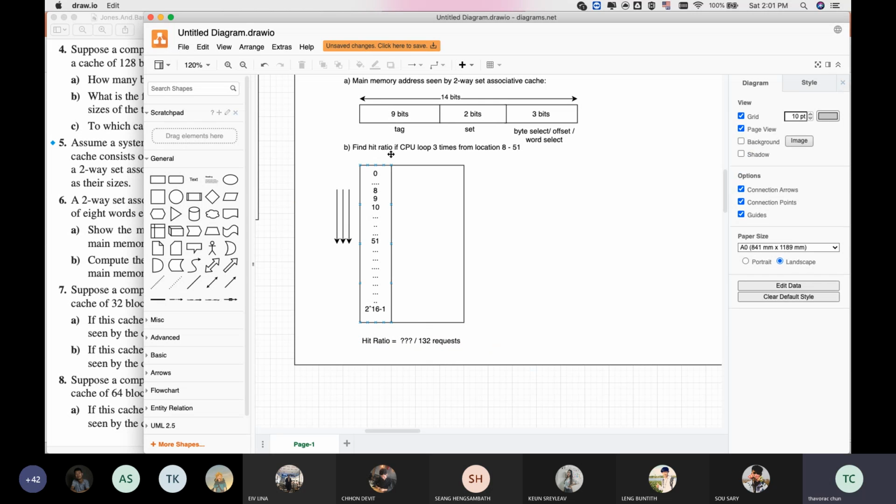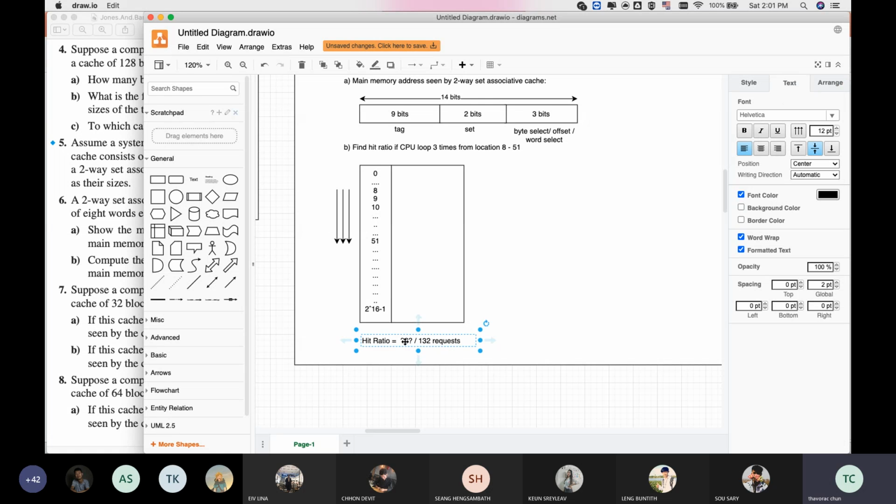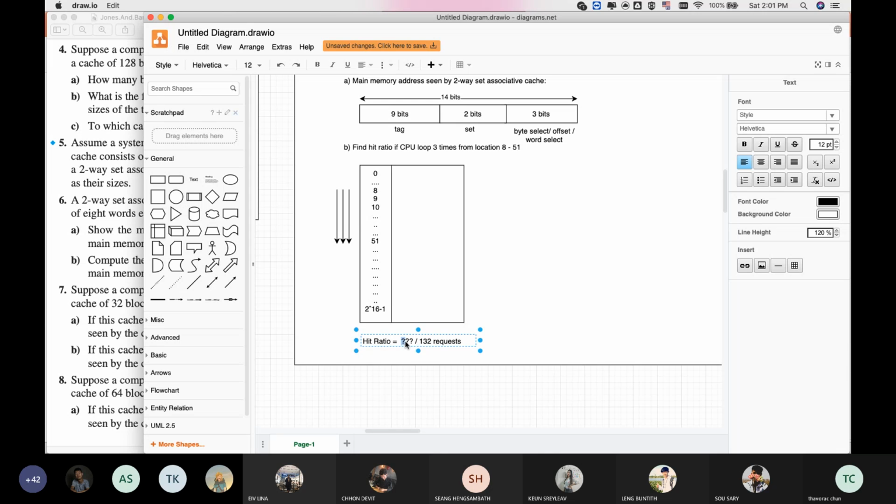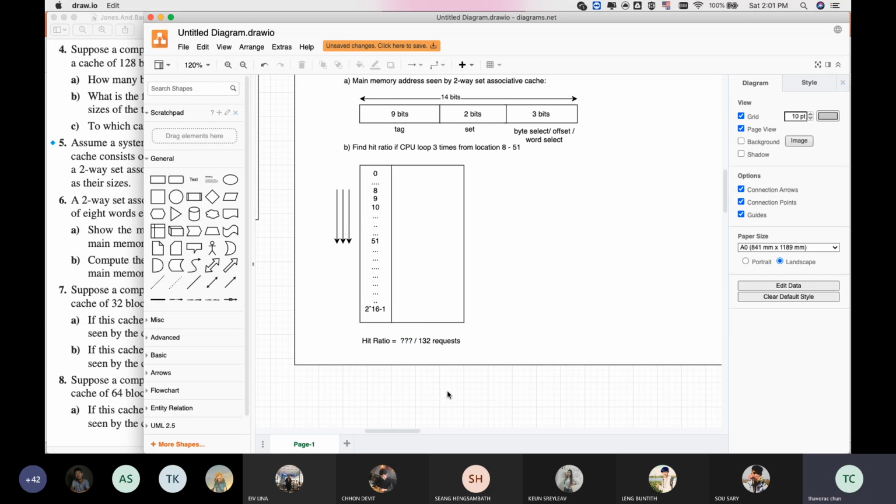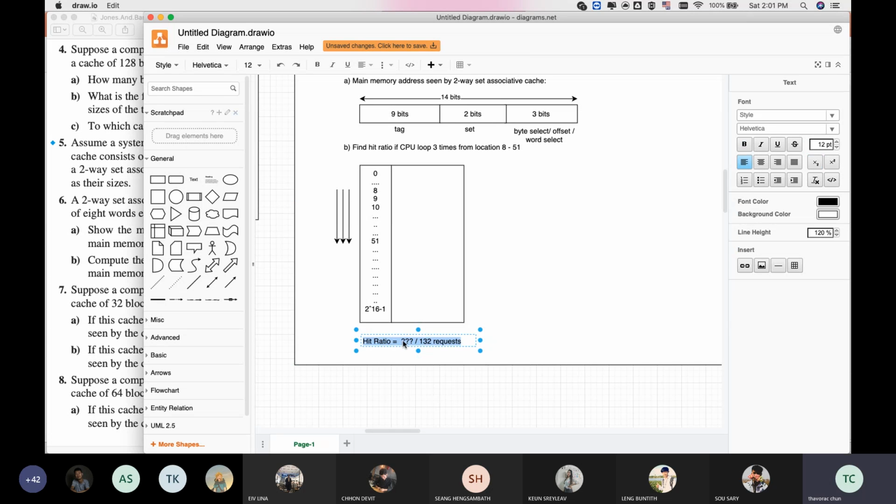Okay, you can count it. 8 to 51 and multiply by 3. In total, there are 132 requests. Okay, and what is hard is here. How many times that the CPU requests and it can find the data? There's something that is hard to figure out. Okay, so for now, what we need to do is to find this number.